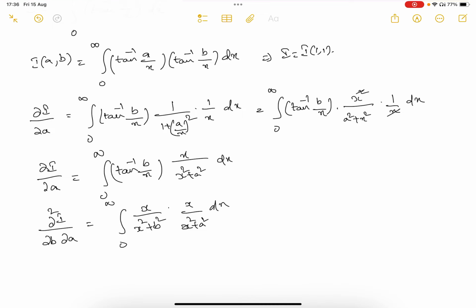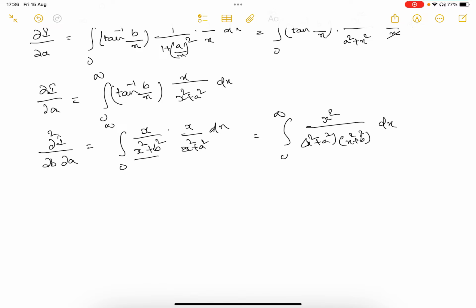So we got x by x square plus b square, which is finally integral 0 to infinity x square by (x square plus a square) into (x square plus b square) dx. So let's apply a small trick here. Dou square I by dou a dou b, as you can see, these are both the same.